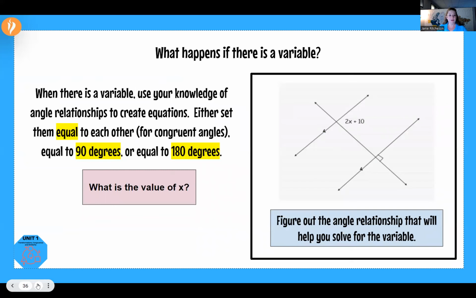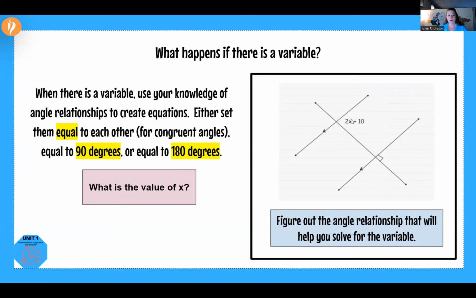All right, so it says, when there's a variable, use your knowledge of angle relationships to create equations. Either set them equal to each other if they're congruent, equal to 90 degrees if they're complementary, or equal to 180 degrees if they're supplementary. Here we have these two angles, which are corresponding angles.